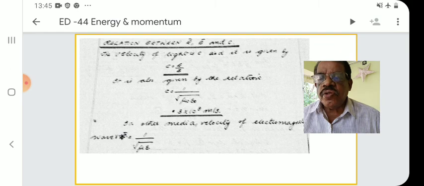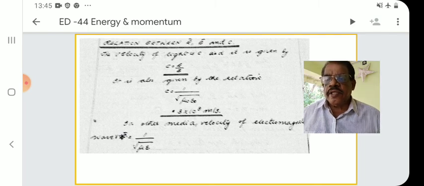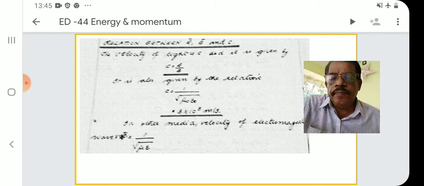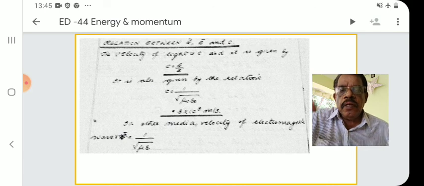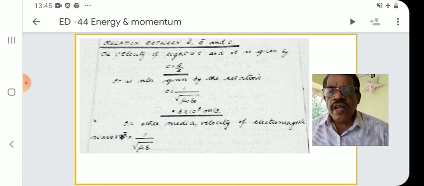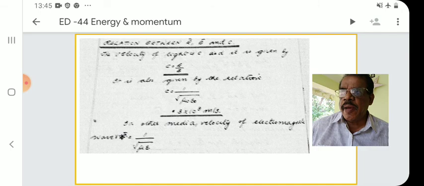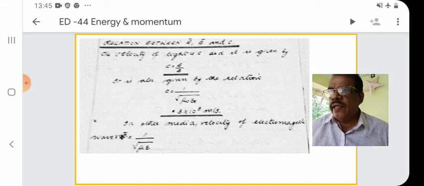If you substitute the values and simplify, you get C is equal to 3 into 10 raised to 8 meter per second. In other media, the velocity of light is V is equal to 1 by root of mu epsilon, where mu is the permeability of the medium and epsilon is the permittivity of the medium.